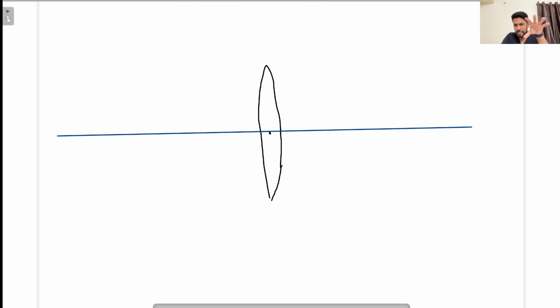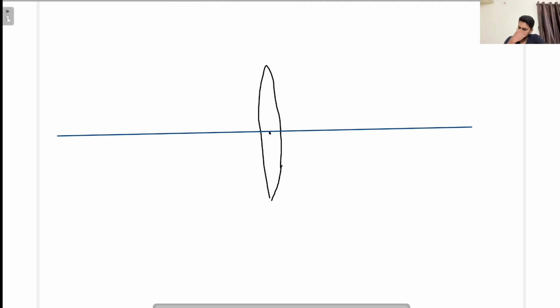So that image formation has to take place on some base, right? If you want to stand somewhere, you require a ground, you require a base. Same way, to understand the image formation, I need to have a base or a line from where I can take or measure anything.